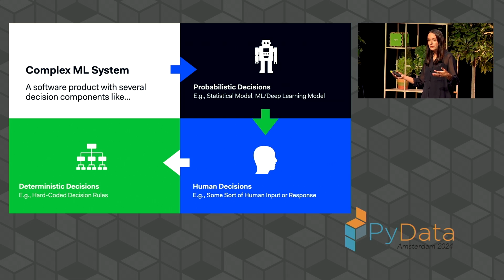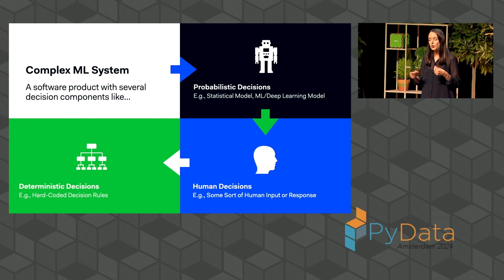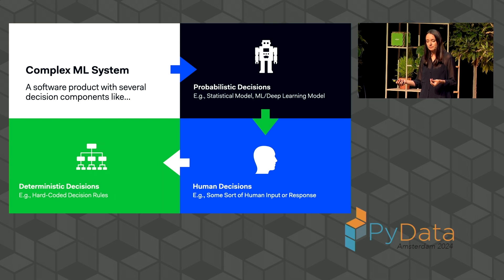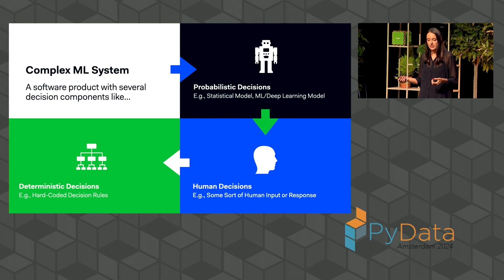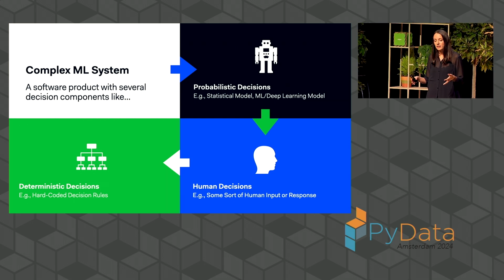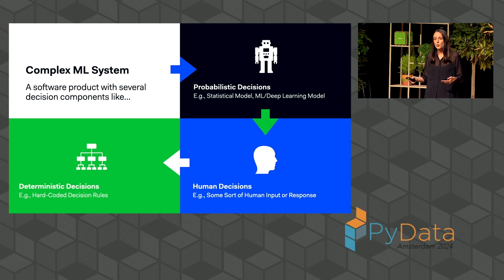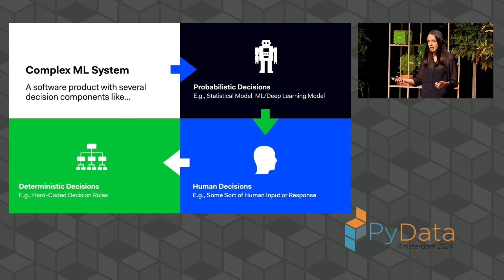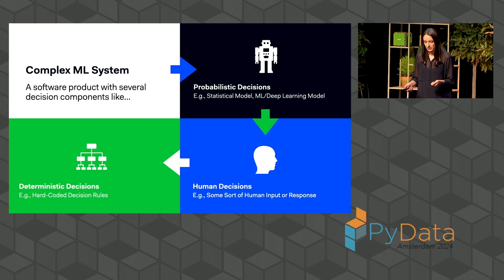But then on top, in these systems, we also have human decisions very often. So that means some sort of human feedback input, a human label of any sorts, within the system. And lastly, deterministic decisions. So we're still talking about a software product, so very likely there are also some hard-coded decision rules, business logic, legal and compliance rules that are included in the system.